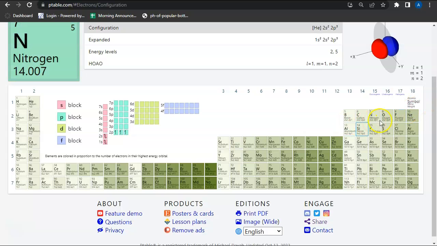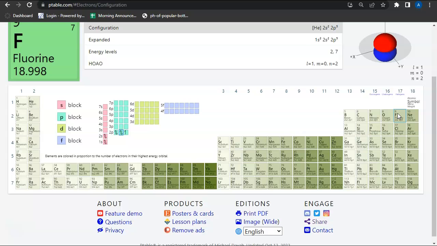So for instance, if I'm looking at fluorine, the noble gas that precedes fluorine is helium. So we can take fluorine and just, instead of saying 1s2, 2s2, 2p5, we can say helium 2s2, 2p5, because helium is essentially 1s2 for its electron configuration.